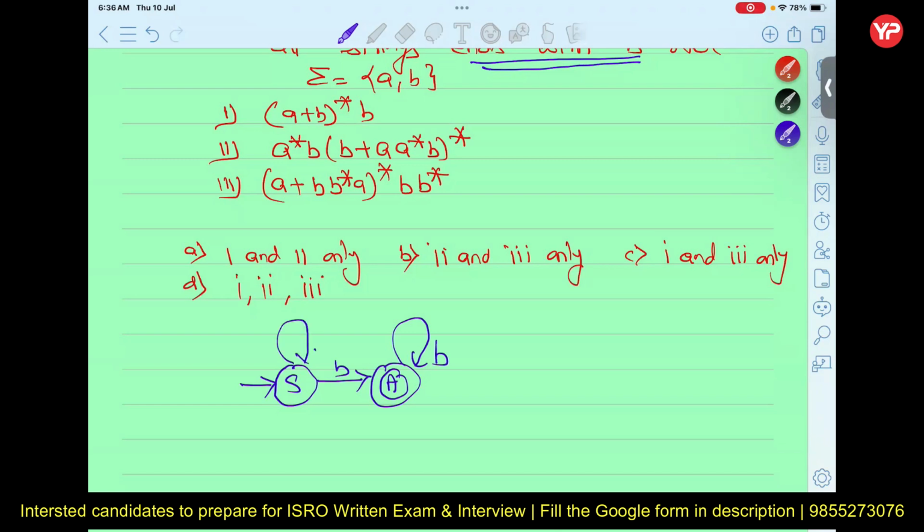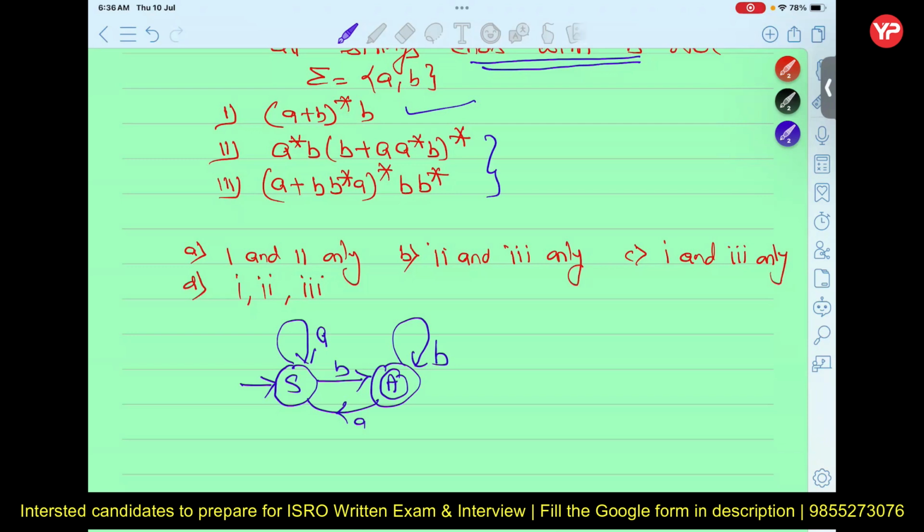Now it may be anything here. Yes or no? A and A. This is ending with B. Now the first simple expression is (A plus B) whole star, but it has to end with B. A simple straightforward expression. But these two expressions are absolutely true.